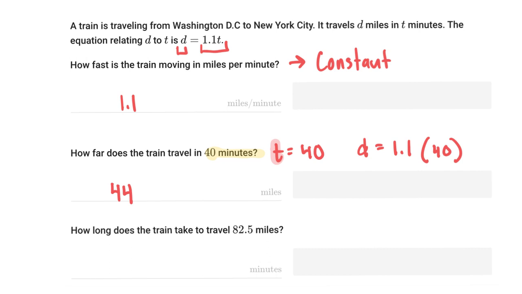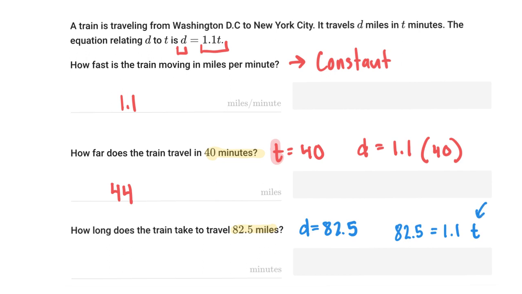Now the tricky one here is how long does it take the train to travel 82.5 miles? Well, what we have here is our distance. That means our d is equal to 82.5. So if we use our equation and we put that in for d, we've got 82.5 is equal to 1.1 times our time. Not our distance, our time.